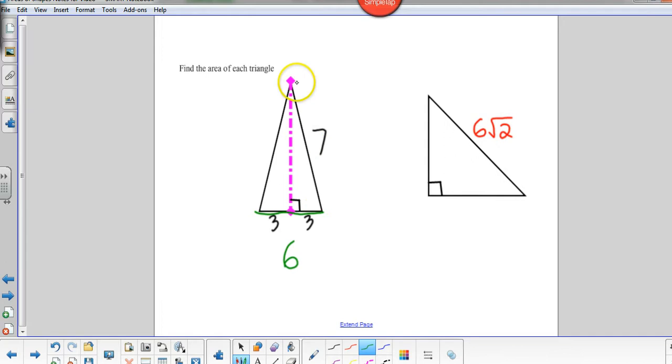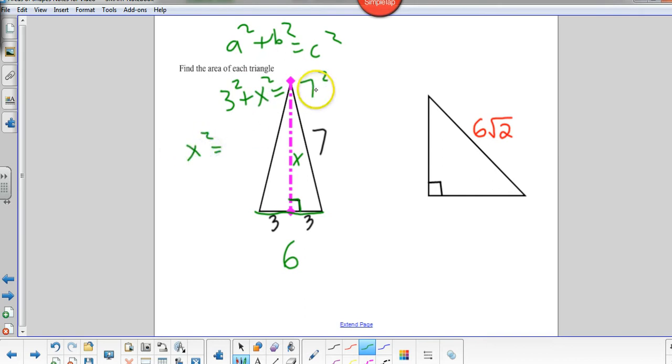We need to use 3 and 7, and look, we've got a right angle, so that's the Pythagorean theorem. So we've got a squared plus b squared equals c squared here, and we've got 3 squared plus, I don't know what the b is, so I'm going to say x squared equals 7 squared, and so x squared is going to equal 49 minus 9, or 40.